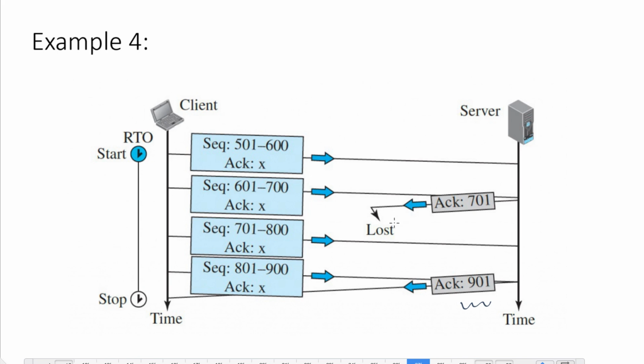Even if one of the acknowledgements is lost, I am still able to get the confirmation from other ACKs that all the packets have been received. This does not only tell me that the last packet has been received. It also tells me that all the packets till the last packet have been received, because this is the cumulative acknowledgement.